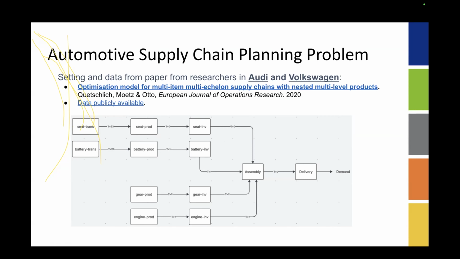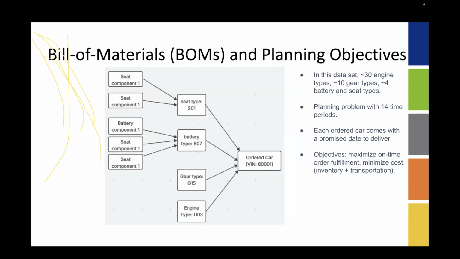And on this supply chain graph, there are different products flowing. The tricky part is that each ordered car is made up of different components. Each customer may customize their car in different ways.